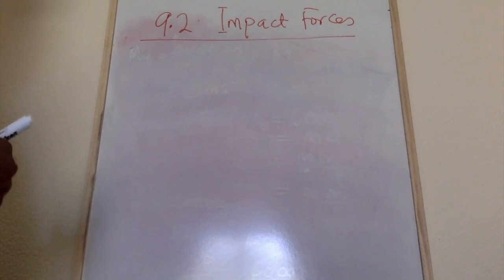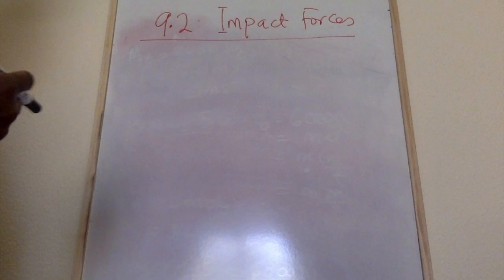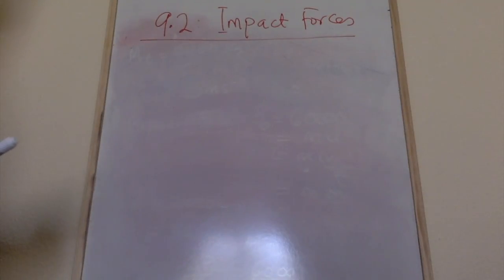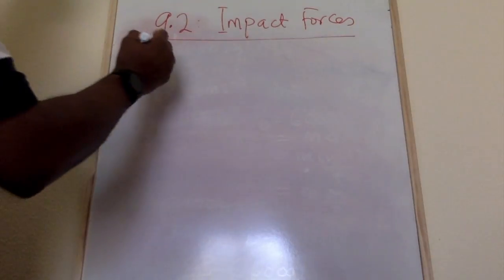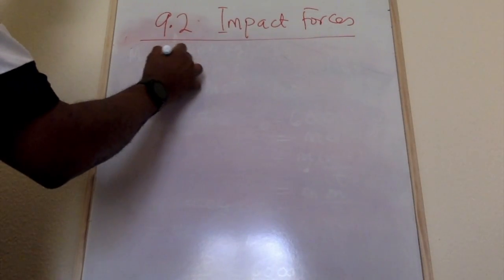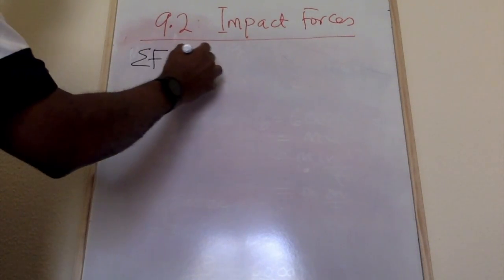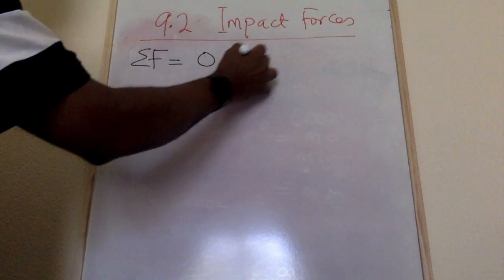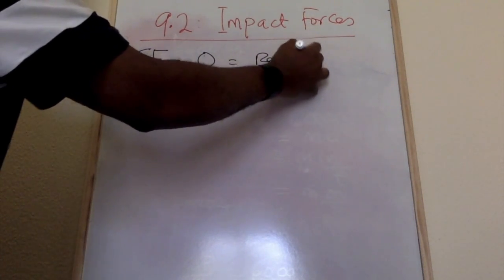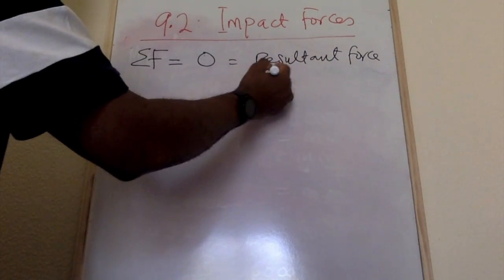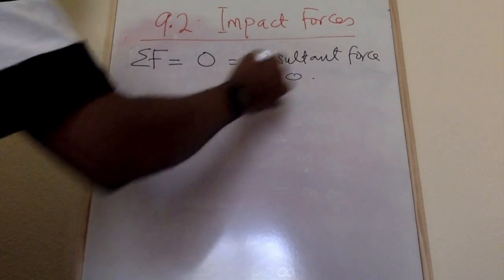Hello. Yesterday we looked at 9.1, which practically focused on the introduction to momentum. While looking at the introduction, we started with the first law of Newton, which is sigma F equals 0, which means the resultant force acting on an object is equal to 0.